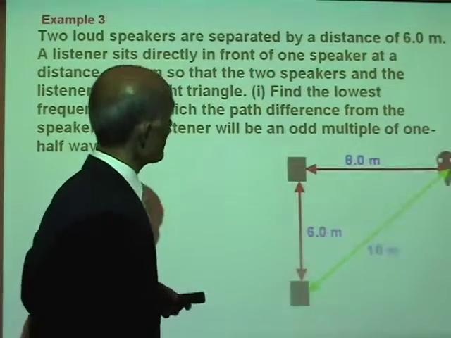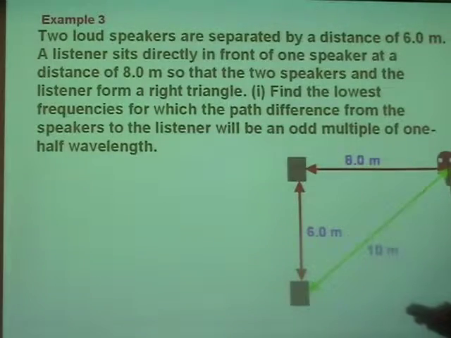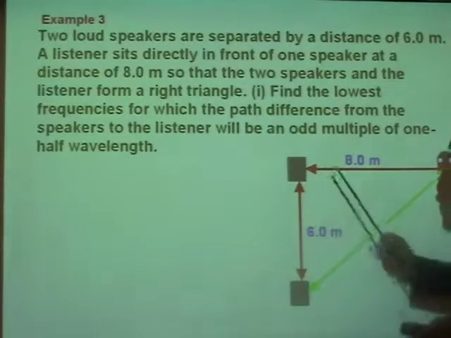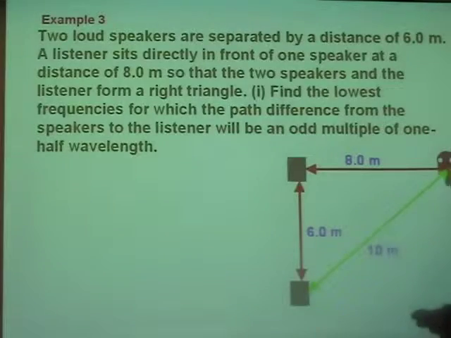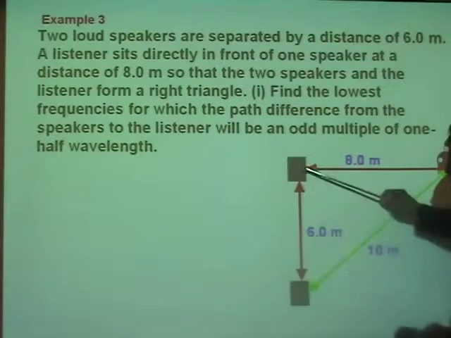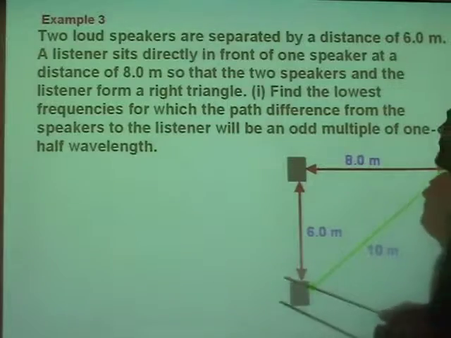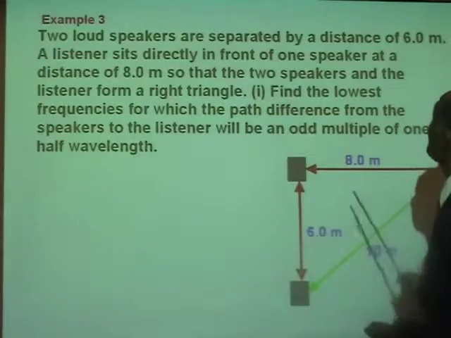Okay, let's draw a picture. There are the two speakers and here is the listener. This speaker is 8 meters from the listener, this speaker is 10 meters from the listener, and the speakers are 6 meters apart. You got a right triangle. Well, actually all this information was not given.